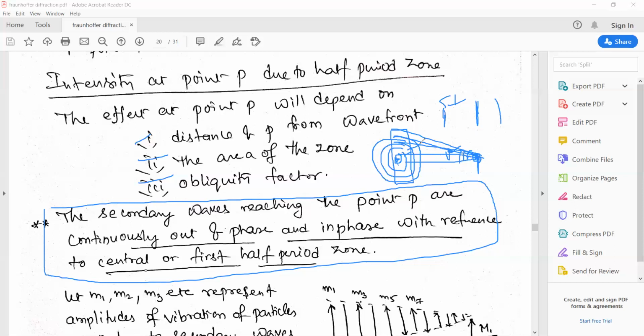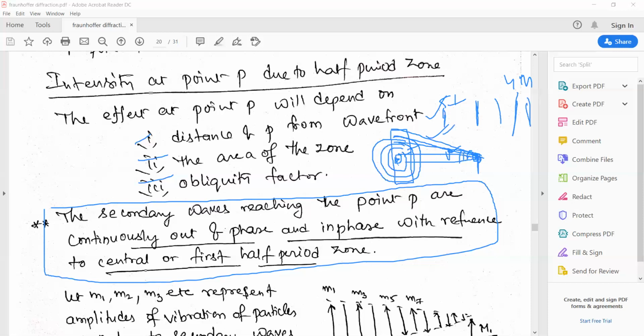Like first zone compared to the second zone will be out of phase, and the third zone will be in phase with the first zone. Similarly, the fourth zone will be out of phase with the first zone, and the fifth zone will be in phase with the first.